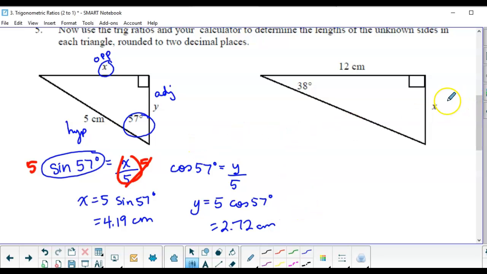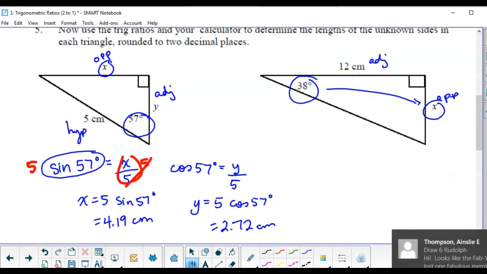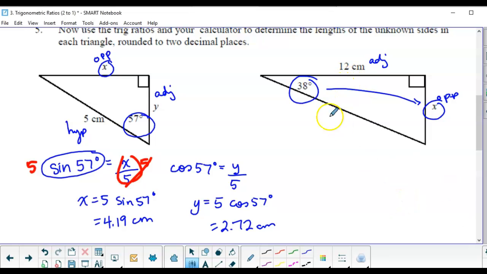This one's here, just x here. So I know 38 degrees. That's going to be opposite. This is adjacent. Okay. And so as long as we know an angle and one side of a 90-degree triangle, so 90 degrees plus another angle and a side, we can find the second side, whatever it is.